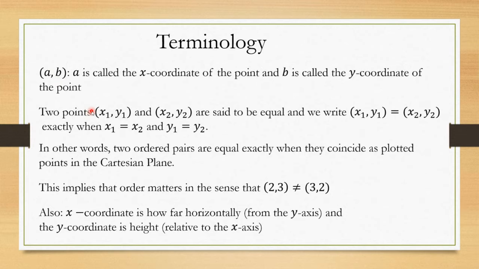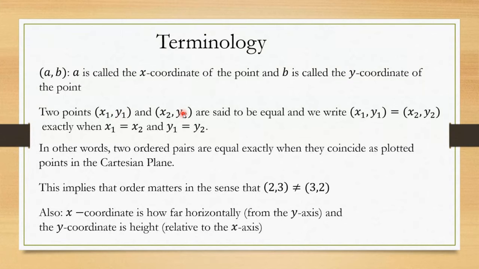Now, 2 points in the plane, they're equal by definition if their x coordinates are the same and their y coordinates are the same. Well, actually, I should say this, exactly when their x coordinates are the same and their y coordinates are the same.